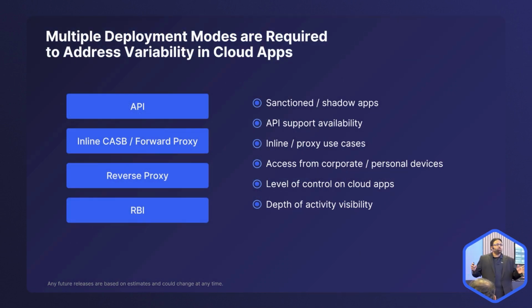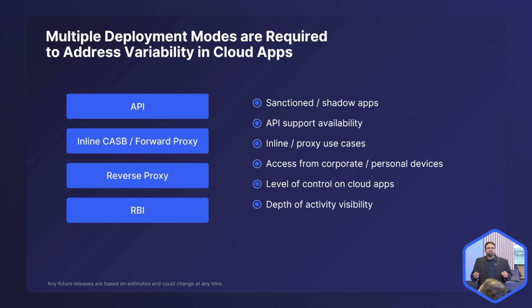And while you're thinking about choosing or deploying a cloud security solution, you also want to think of a solution that's able to deploy in multiple modes, right? There's API, there's proxy, there's reverse proxy. Without getting into too much technical detail, the benefit is that if you have multiple deployment modes, then you're able to solve to a greater degree all of the use cases we talked about in the earlier slide.